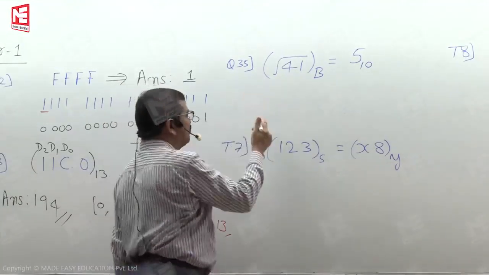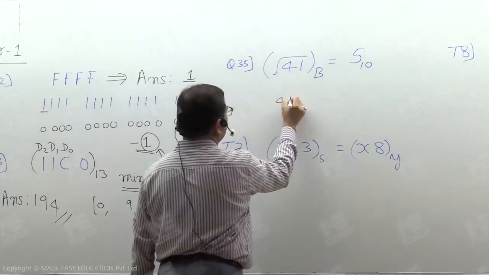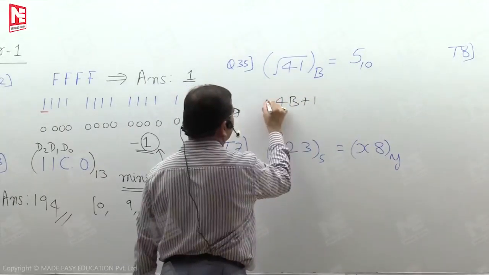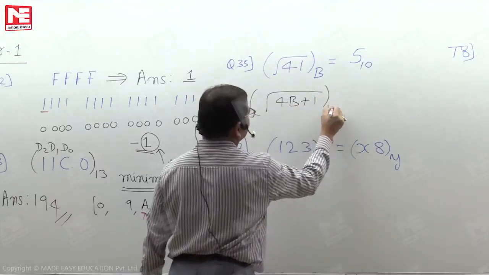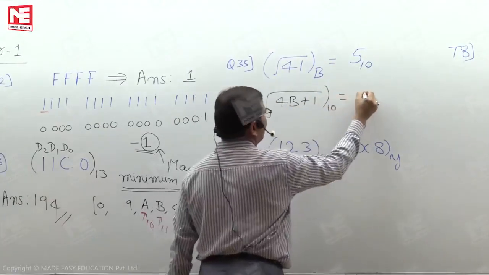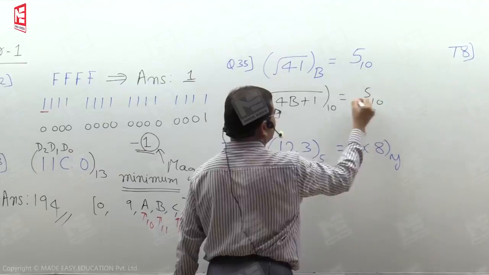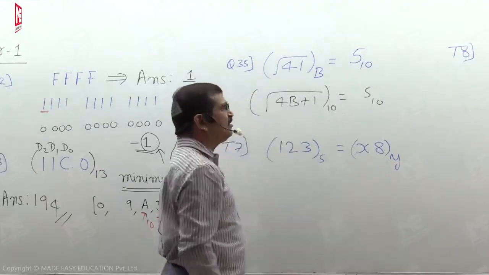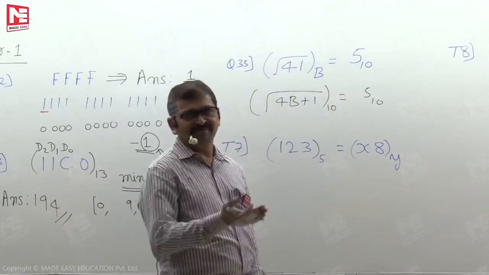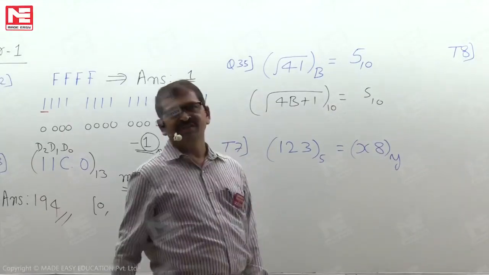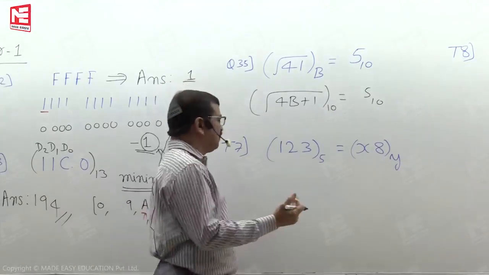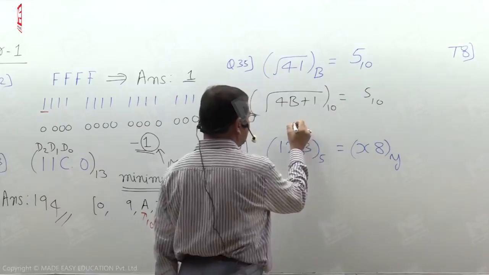If you convert it as an equivalent decimal number, this will be 4B plus 1. Then this is the decimal value. While having decimal values, LHS and RHS with the same base, let us square both sides of this equation.